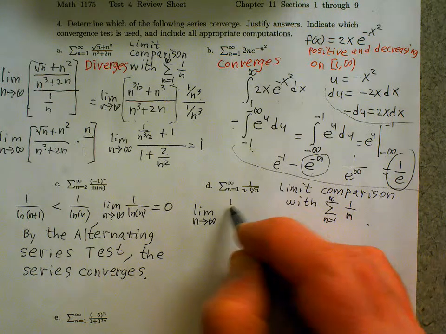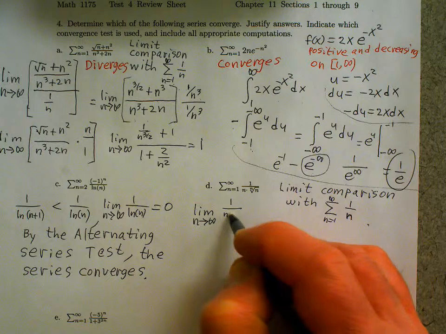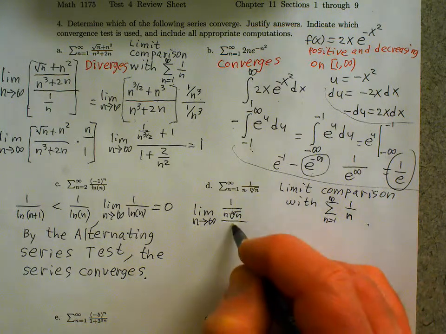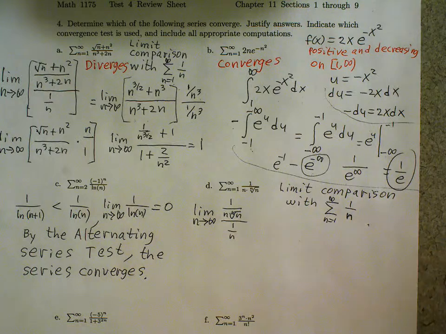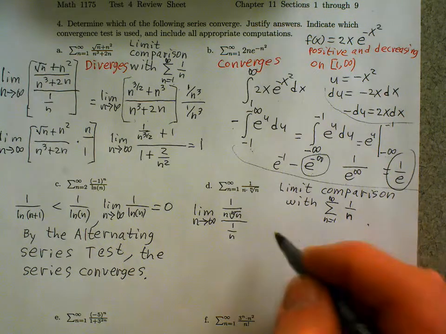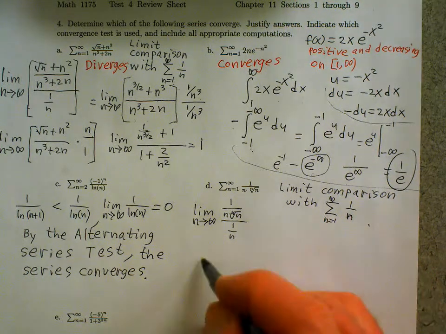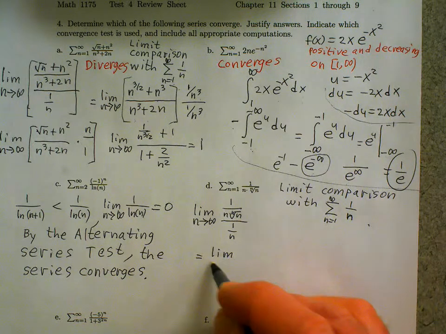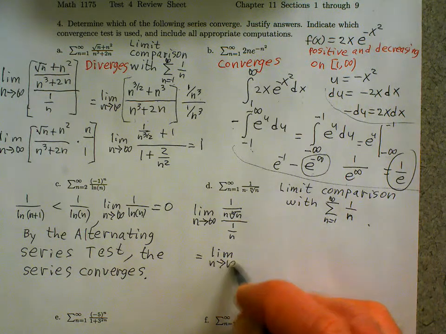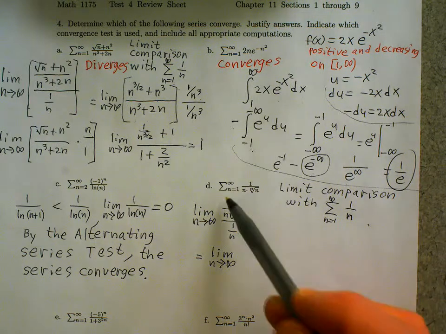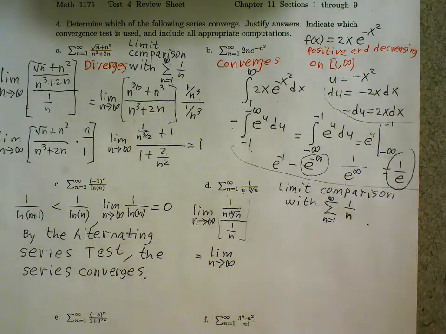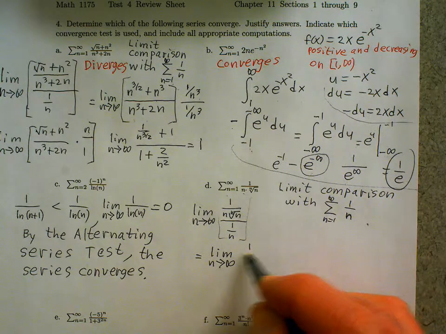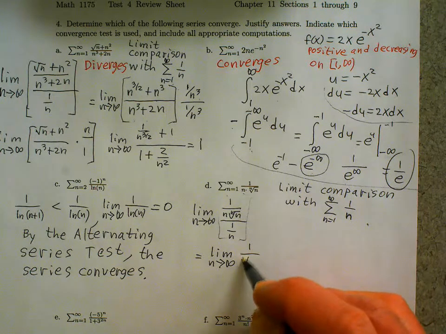So we can write 1 over n times the nth root of n, over 1 over n. When we simplify this, the n's are going to cancel and we get 1 over the nth root of n.